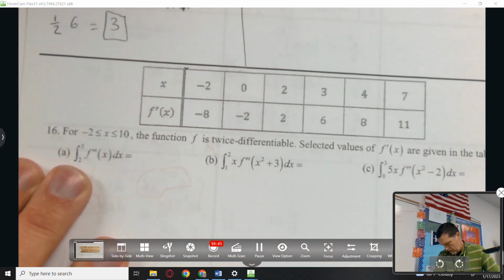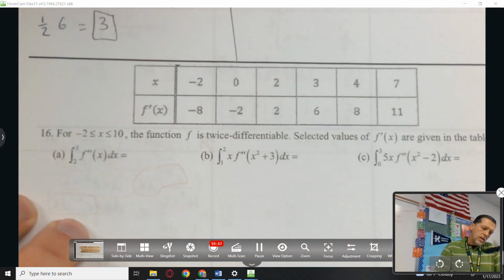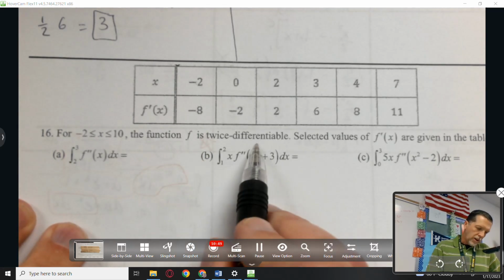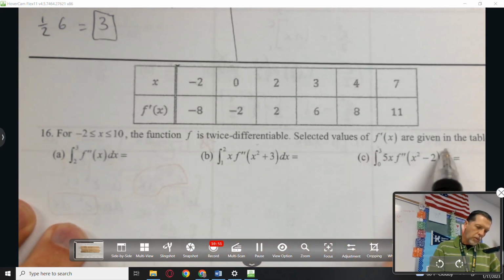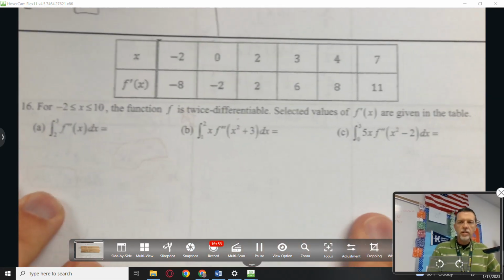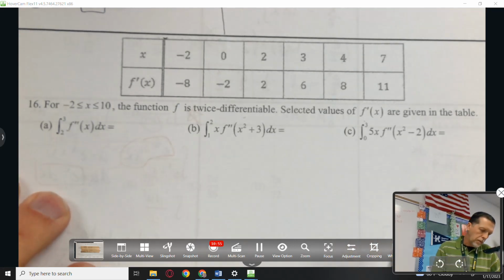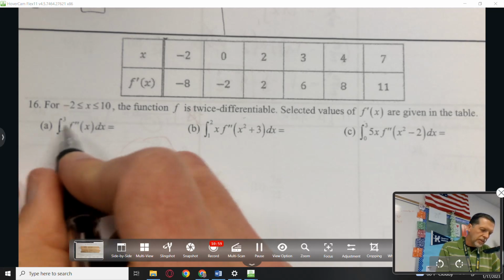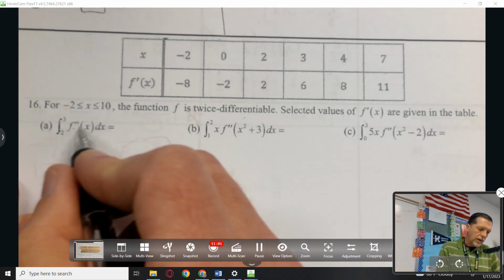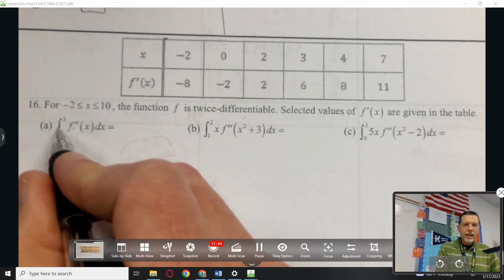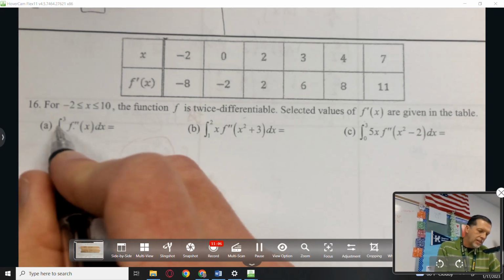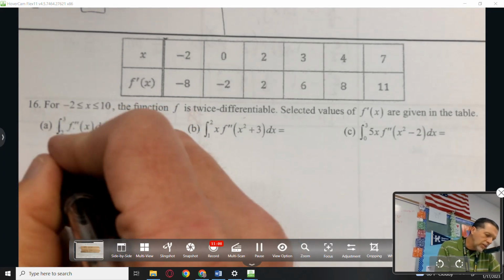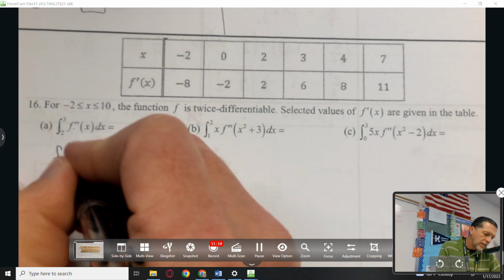Number 16. F is twice differentiable. Selected values of f prime are given in the table. It gives me some f prime values. Part A, the antiderivative of the second derivative. I don't know what f is, but the antiderivative of the derivative is going to peel off one of those derivatives.